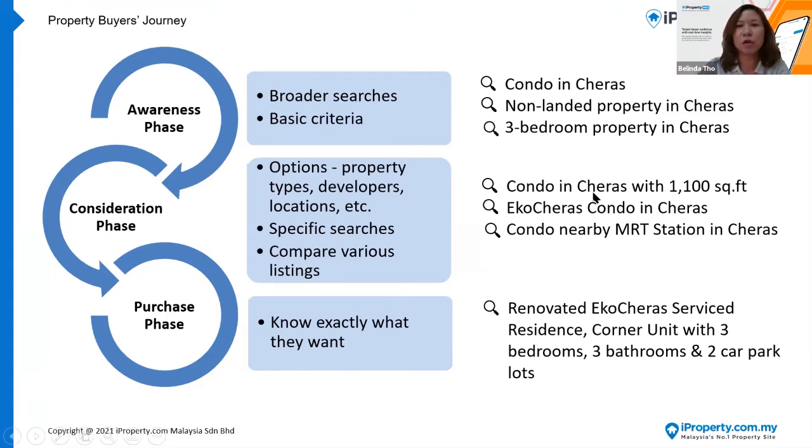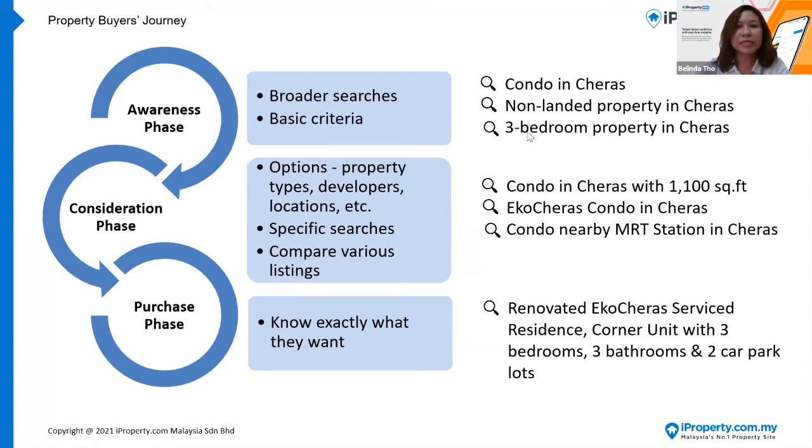Instead of just saying condo, Eco Cheras condo in Cheras, they would say the renovated one, Eco Cheras service residence. I want the corner unit, not the intermediate unit, with 3 bedrooms, 3 bathrooms, and the one that comes with 2 car parks. I don't want the one with 1 car park. So this is the specification they are going to zoom in on to do the comparison.